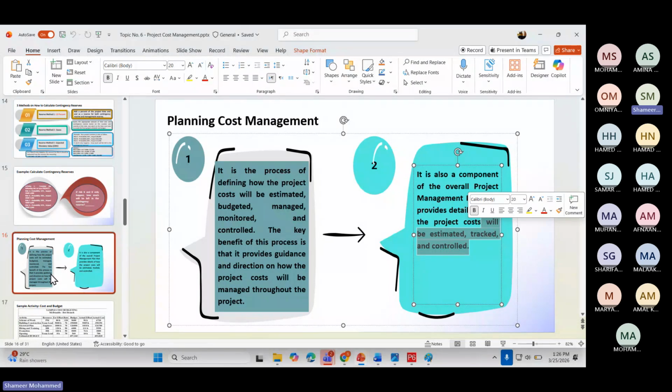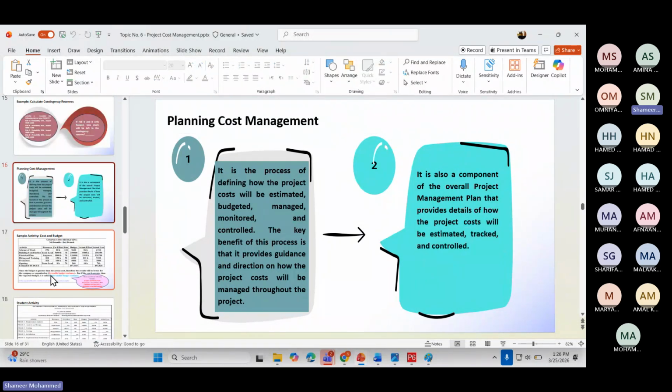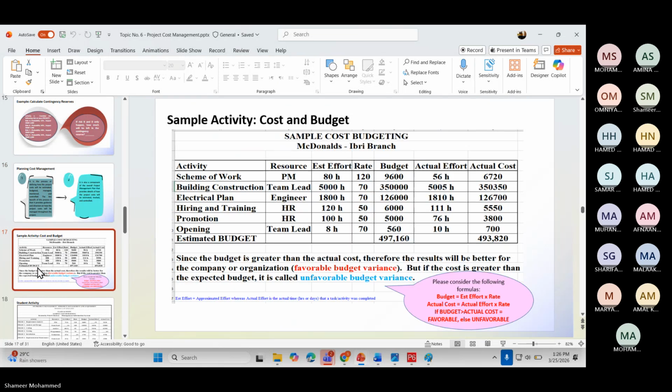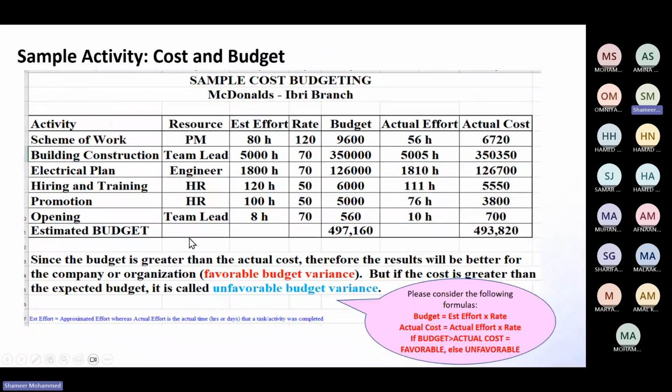So for example, see, one more problem you may get like this. Now, can you see this one? What is the formula here? To calculate this budget, the formula is estimated effort multiplied by the rate.